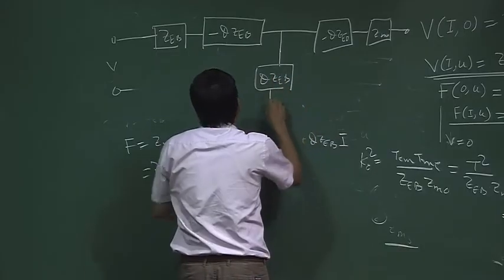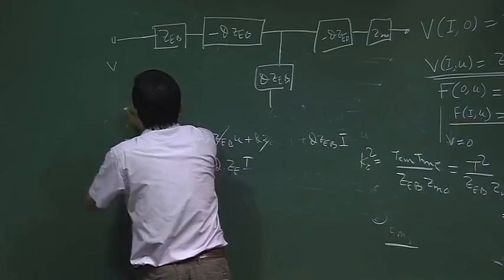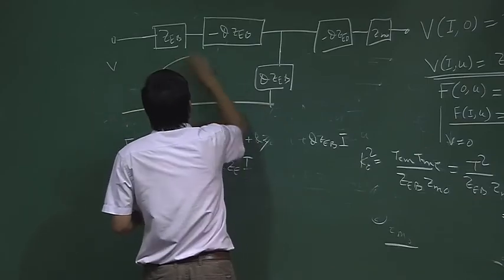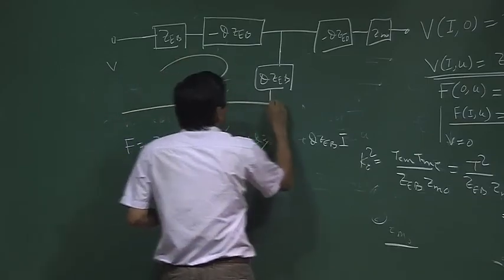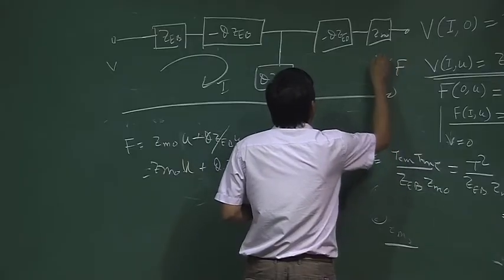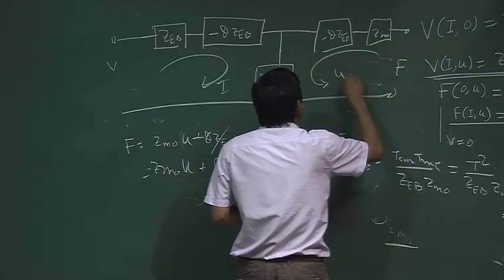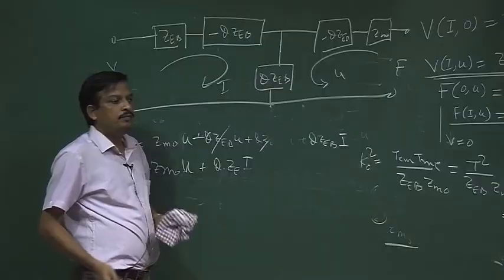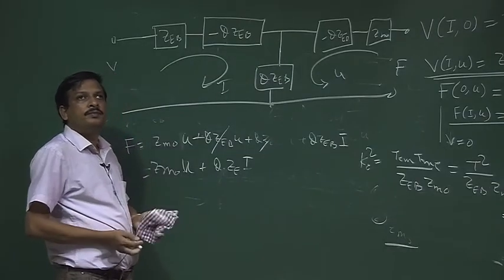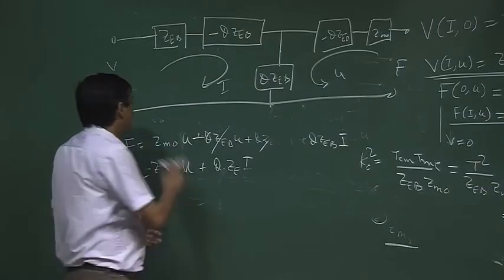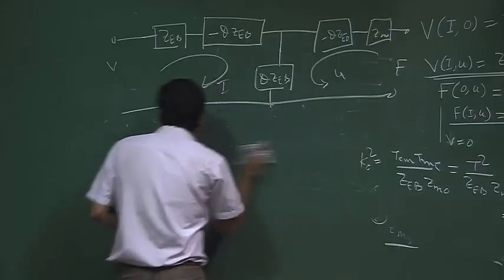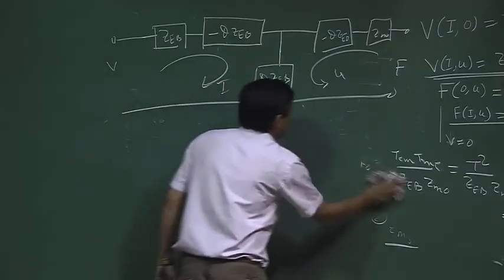Then I apply a voltage V here, current I will be flowing, and I apply a force F here, particle velocity U will be flowing. Equivalent electrical circuit. Now, can I reduce it?